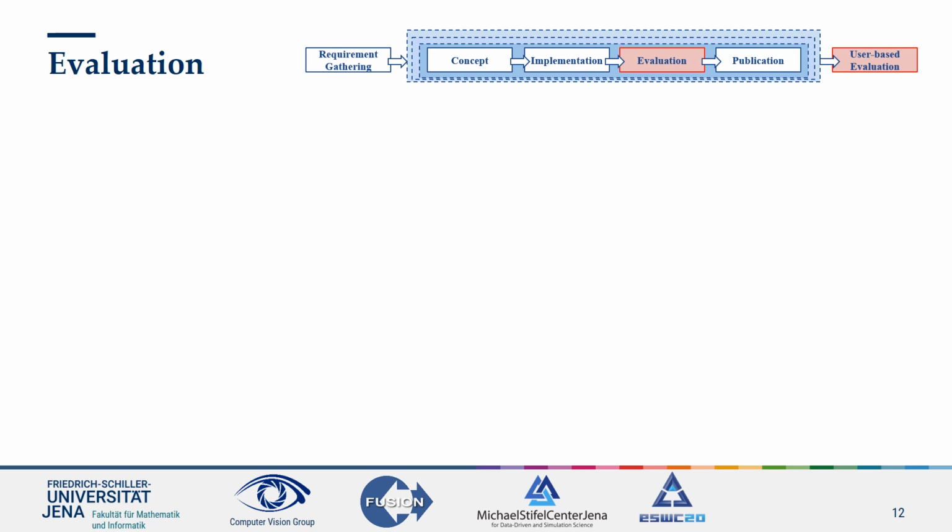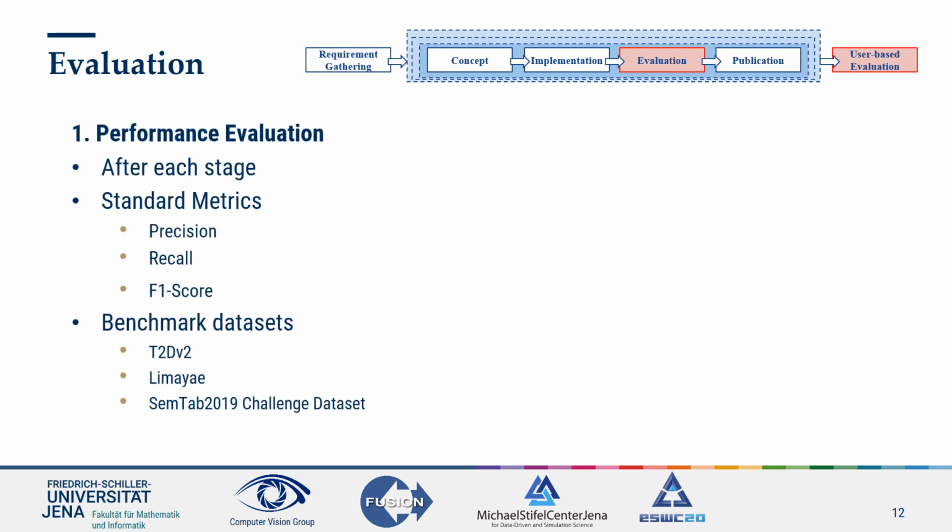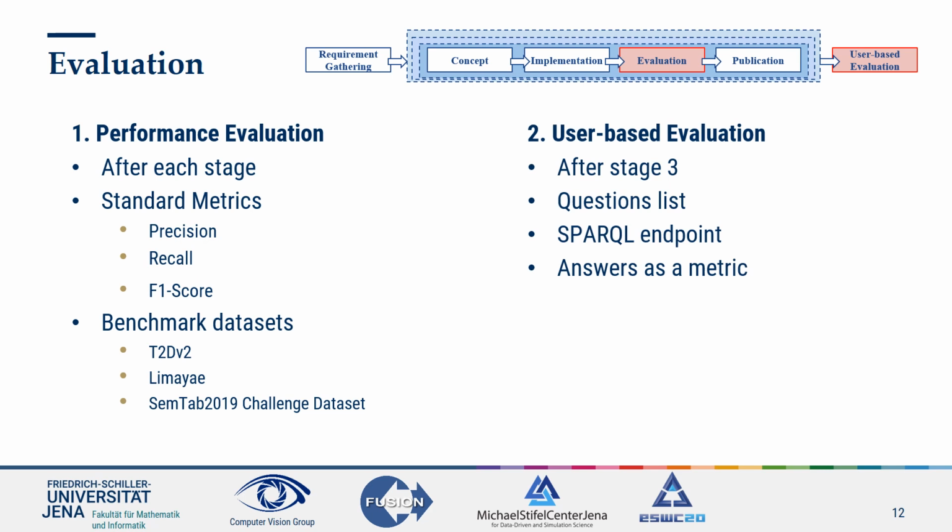If we recall the research approach here, we can see that our evaluation plan includes 2 types of assessments. The first one is done after each stage, where it involves the performance evaluation of the developed methods using the standard metrics and benchmark datasets from the state-of-the-art. The second type is the user-based evaluation or the user satisfaction assessment.